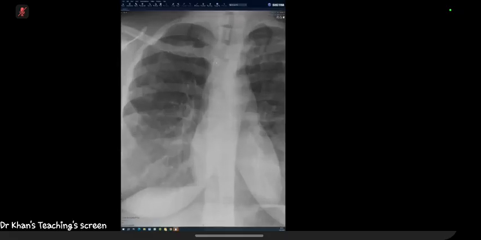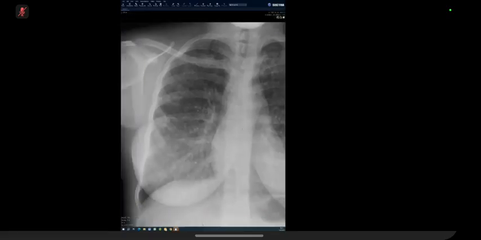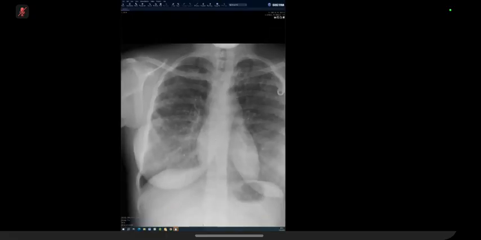In the right periphery of the right mid-zone, I can appreciate a focal opacity with central lucency, and I wonder whether that could be a cavitating lesion. I'm also looking at the lungs to see if there's any further opacities, and I suspect that there may be an opacity in the right lower zone, just behind one of the lower ribs.